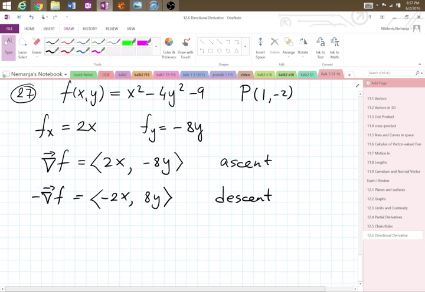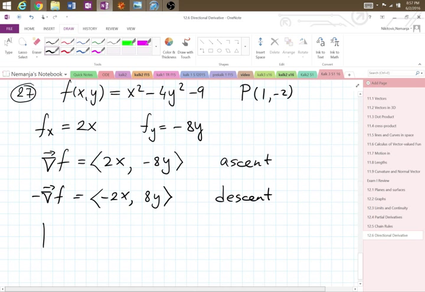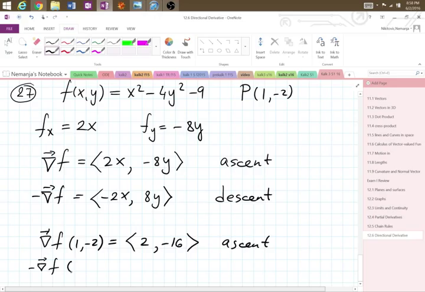And then we can figure out the magnitude. Oh wait, we should first compute this at (1, negative 2). So we're going to have 2 and negative 16, and the negative is going to be negative 2, positive 16 for the descent.